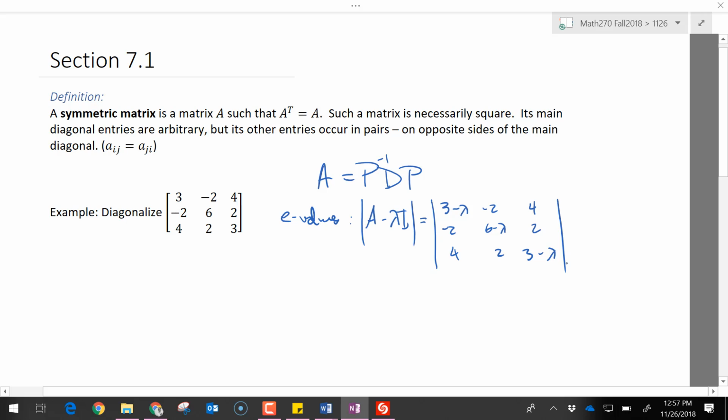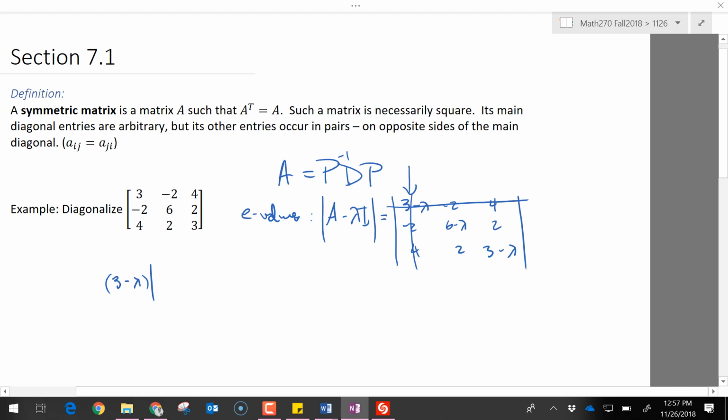And so you need to expand along either one row or one column. It doesn't really matter, so let's expand through the first row. We've got 3 minus lambda, and then cross out the first row and the first column. We need to find the determinant of 6 minus lambda, 2, 2, 3 minus lambda. Remember the alternating positive, negative, positive. The first one was a positive, and the next one's going to be a negative. Doesn't matter whether it's row or column because it's symmetric, right?